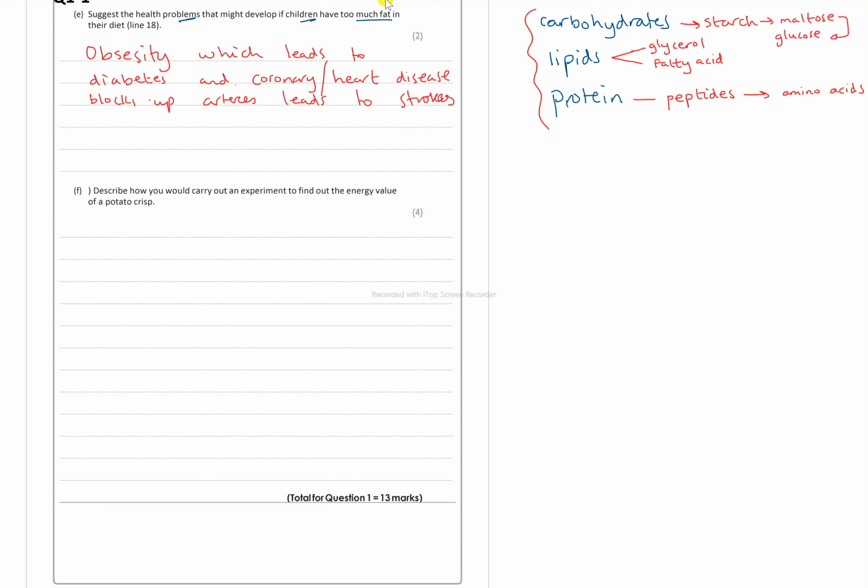Obesity also has a side effect of causing excess damage to joints, because you're carrying extra weight. You might be carrying an extra 20, 30 kilos, and every time you step or move, it's affecting your joints.